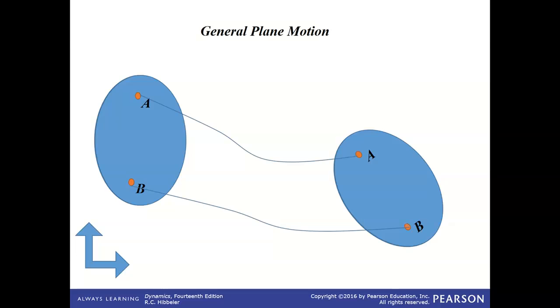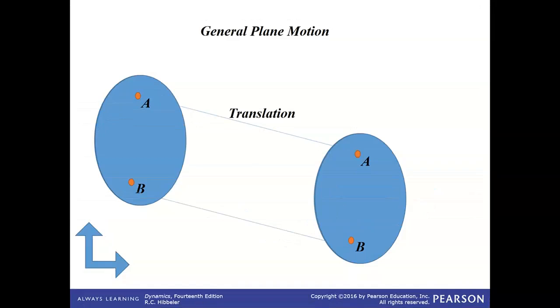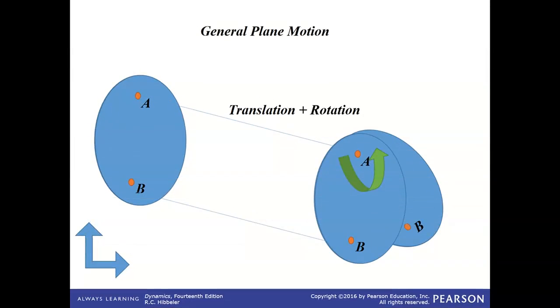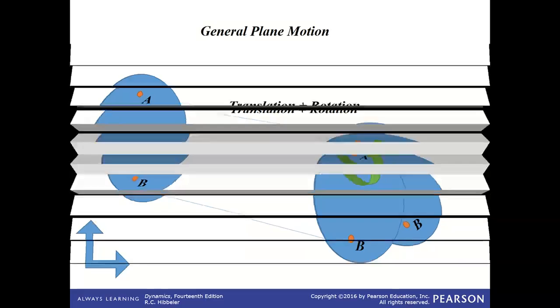So this body is undergoing translation and rotation, and that type of motion is known as general plane motion. We can actually break this motion down into two separate steps. First, only translation of the body, it goes from left to right, and then the next step is rotation of the body. So general plane motion is a combination of translation and rotation.